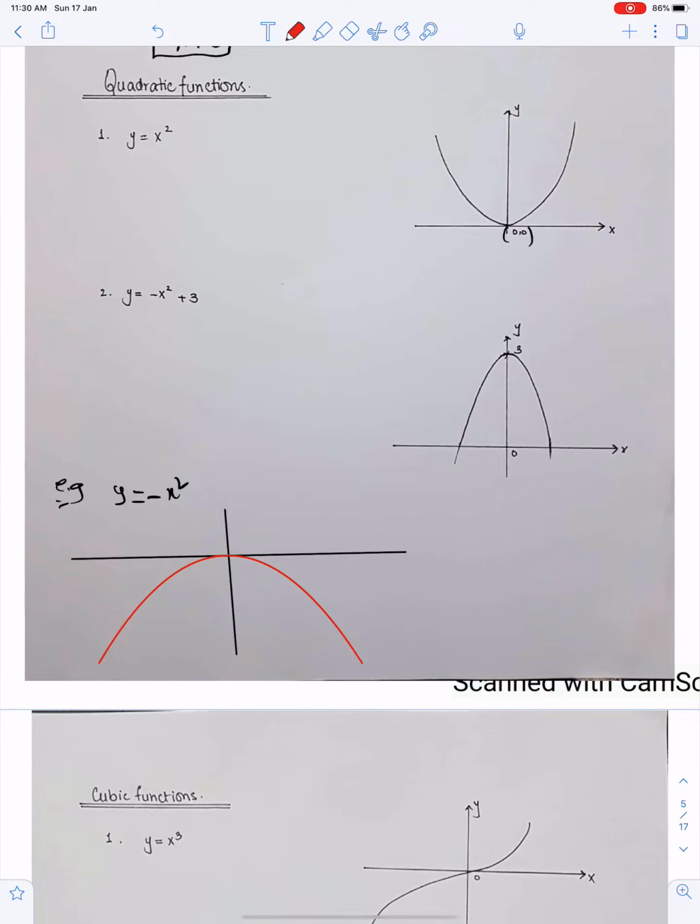This is minus x square. So we have to sketch this minus x square plus 3. So it will be sketched from 3. The intercept is 3. Y-intercept is 3. So this is the sketch of minus x square plus 3.